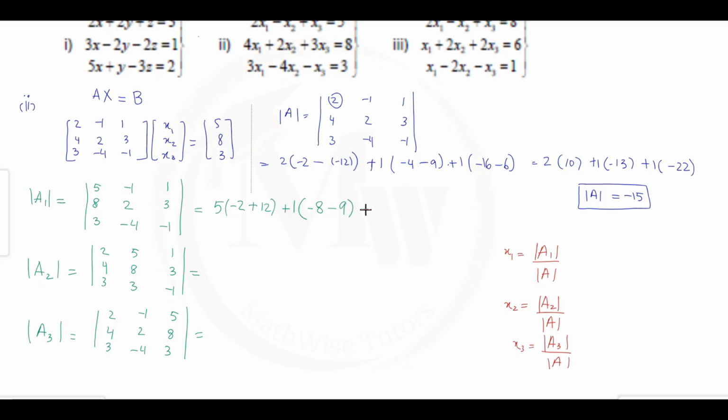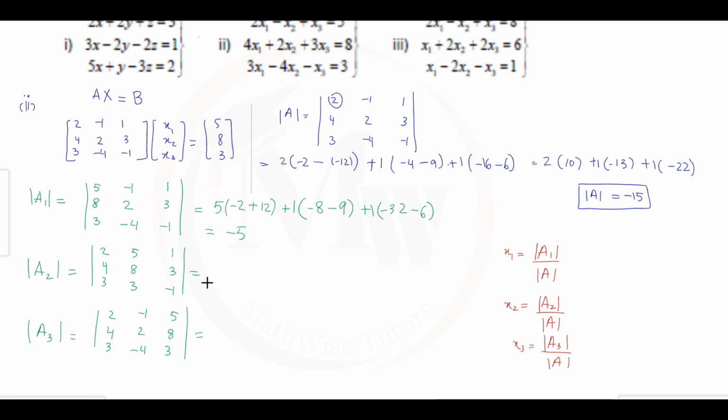And the third one, plus 1 with 8. Leave this column and row. So 8 times 4 is minus 32, minus 6. Now simplify this. After solving this, we get negative 5, which is the determinant of A1.